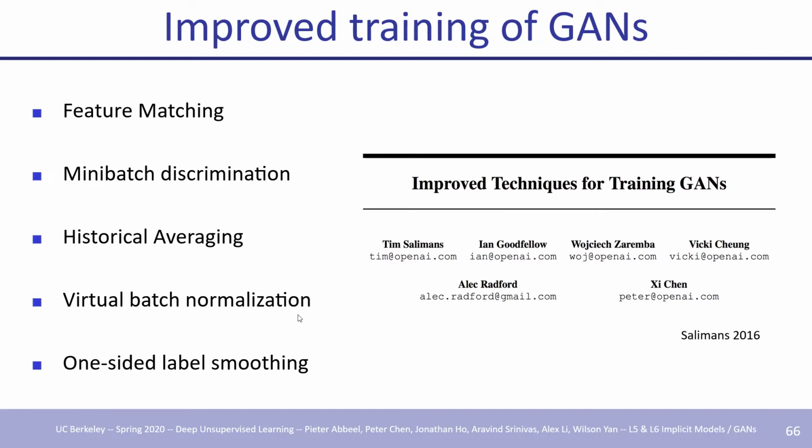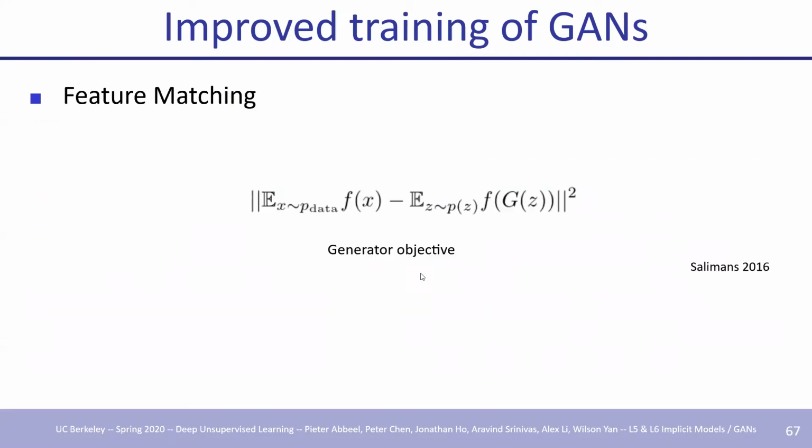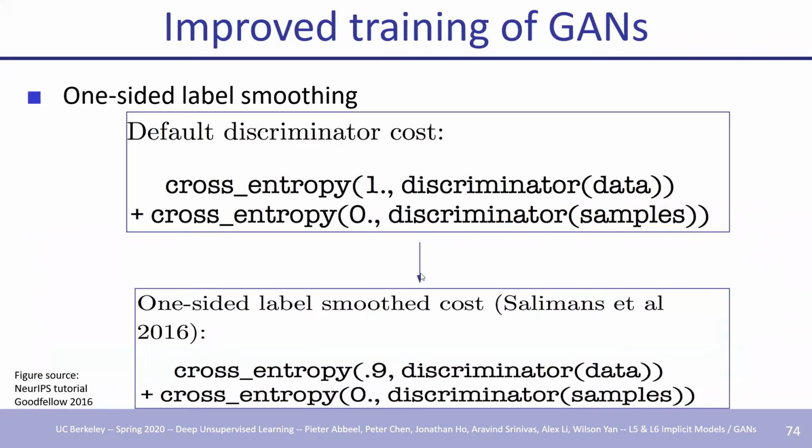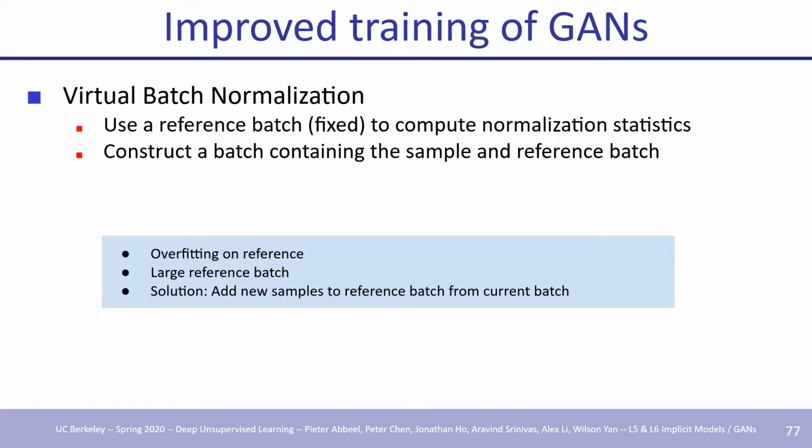One-sided label smoothing, where we set the probability to 0.9 instead of 1, but not for the generated data. And then we have the virtual batch normalization, where we have a reference batch to normalize, plus we add the current batch to normalize. So these were the tricks that they used, and it worked.